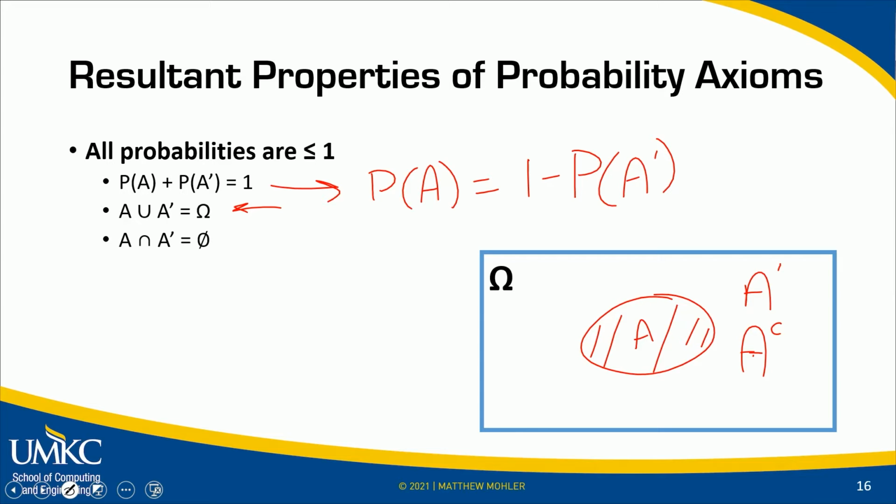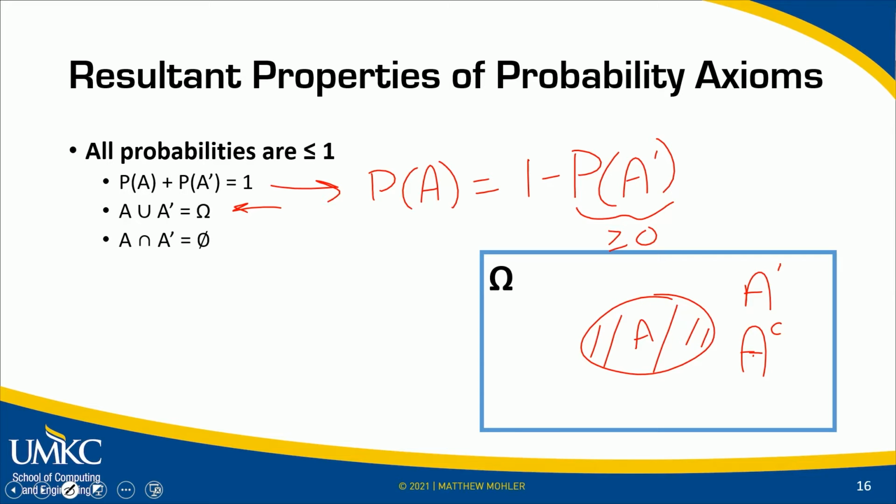As you may recall, we also have a non-negativity axiom that says that no probabilities can be negative, which means that the probability of A complement has to be greater than or equal to 0.